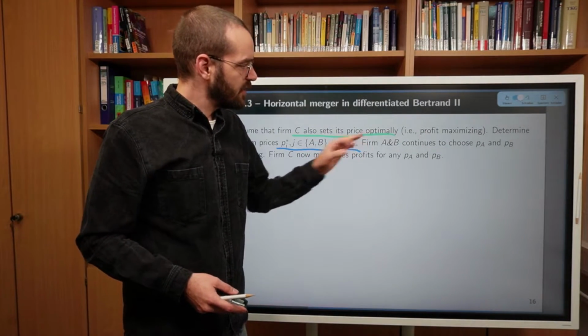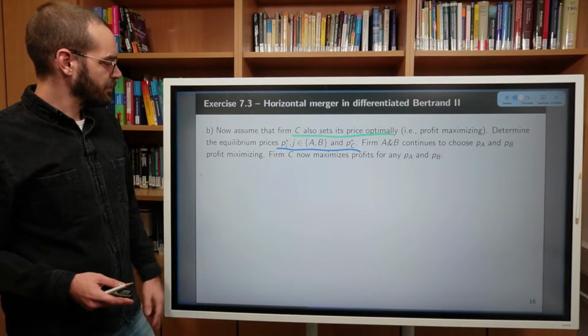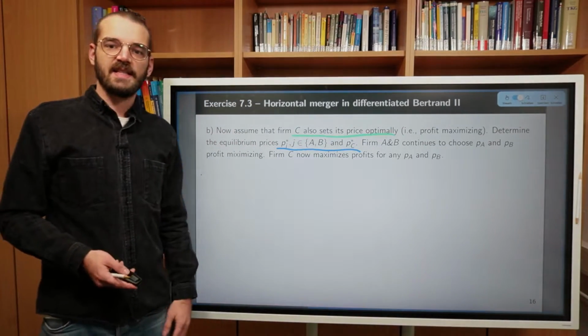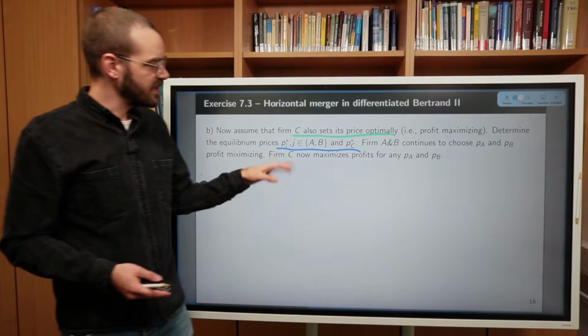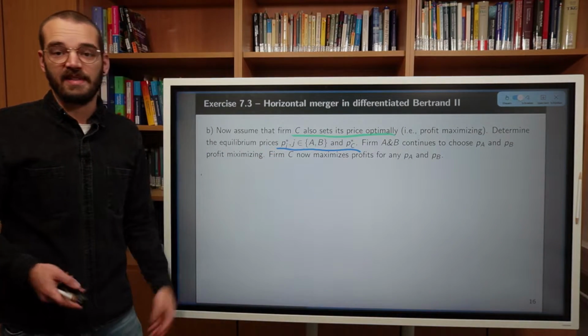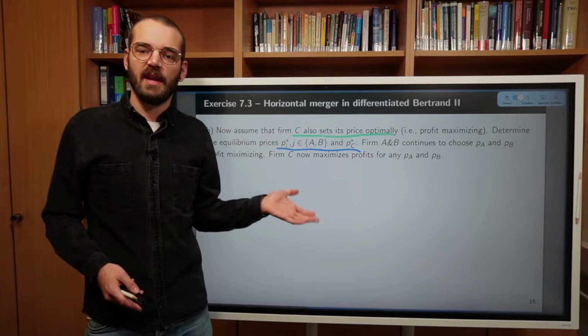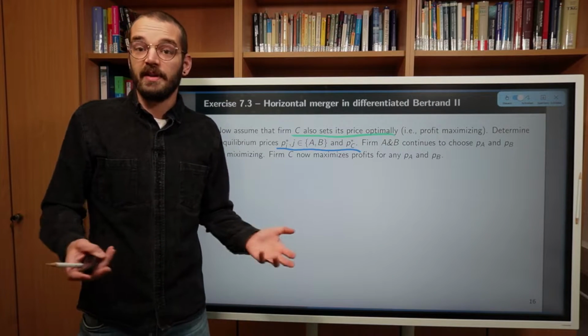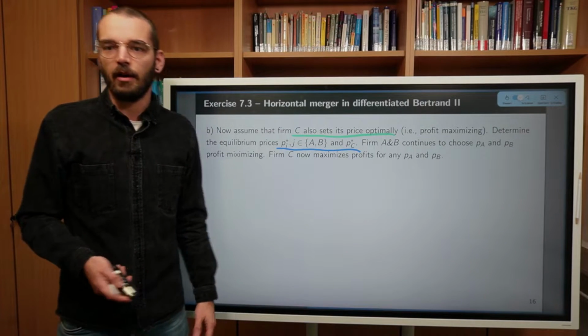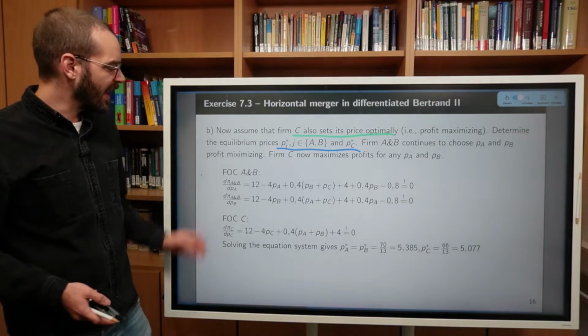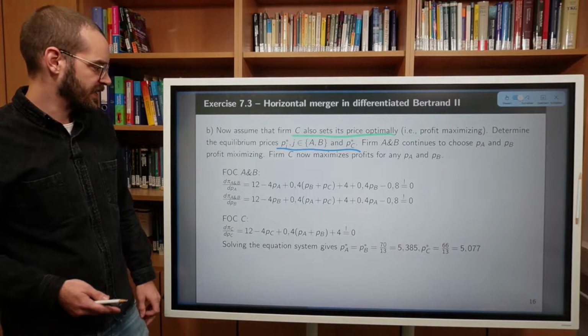Firm A and B continue to choose prices A and B profit maximizing, so exactly the same that we just did. And now firm C also maximizes their profits instead of simply sticking with their former equilibrium under competition price of 5. We are now looking for an actual equilibrium price.